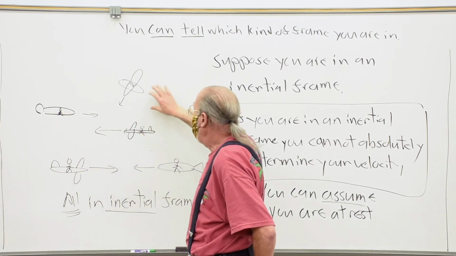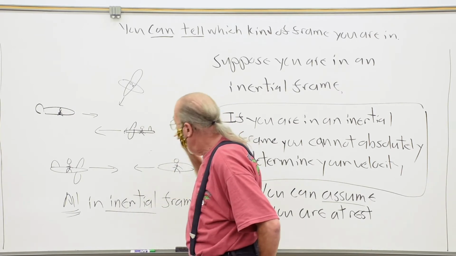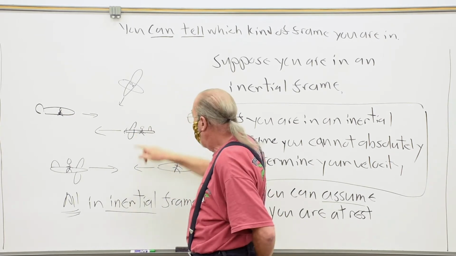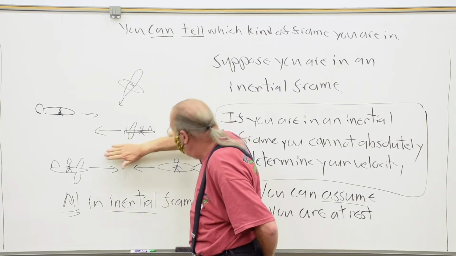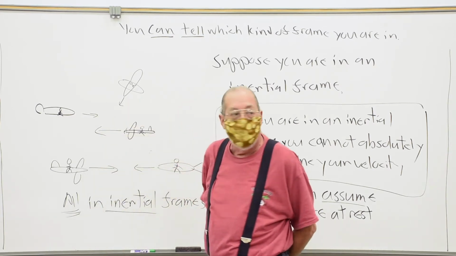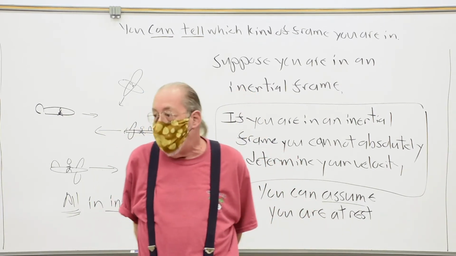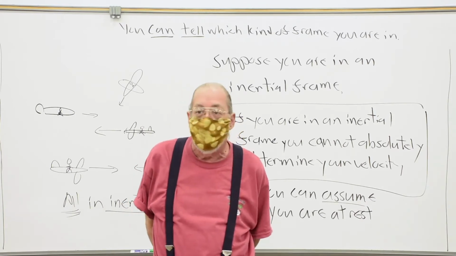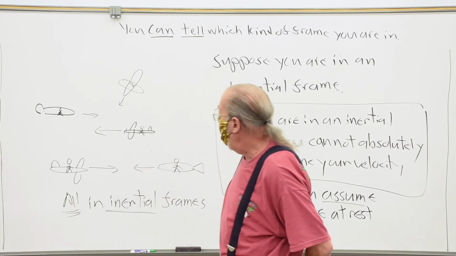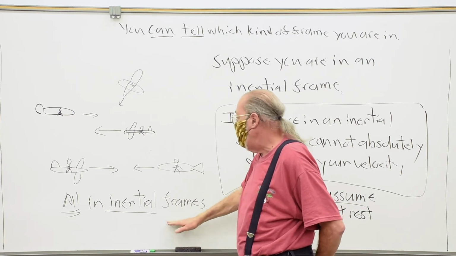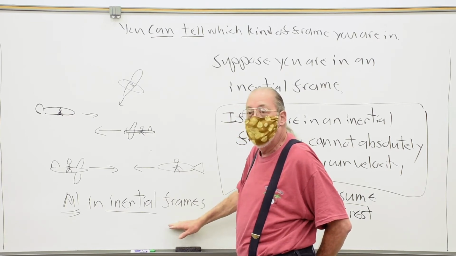This person can say, no, I'm sitting still, you guys are moving. This person can say, no, I'm sitting still, you guys are moving. Or they all could be moving, right? There is no way to tell if they're all in inertial frames.